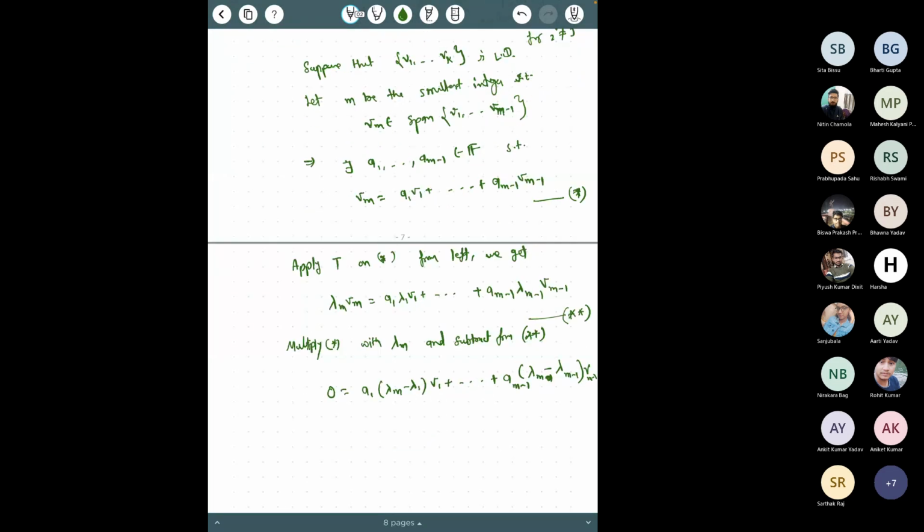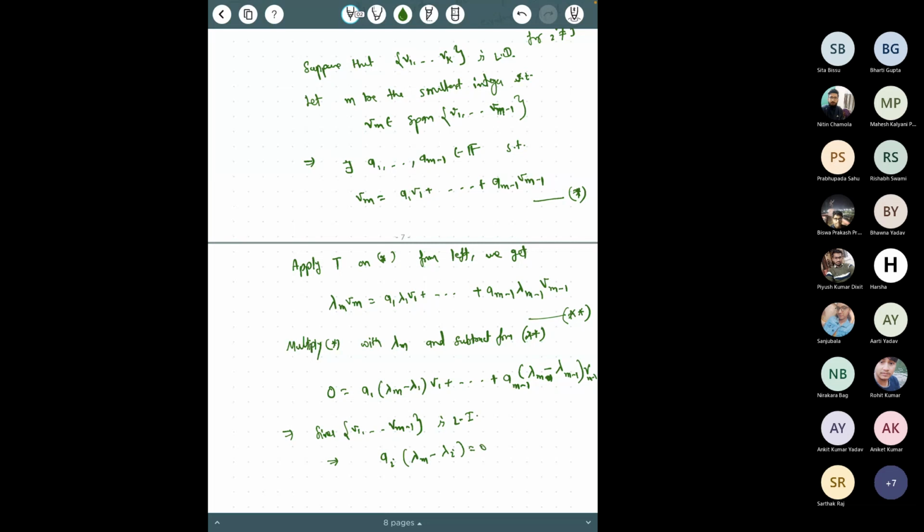So this implies, since v1 to v(m-1) is a linearly independent set, that a_i(lambda_m - lambda_i) equals 0 for all i equal to 1 to m-1. Because v1 to v(m-1) are linearly independent, these scalars should all be 0.